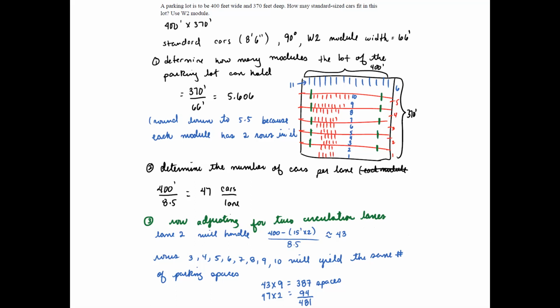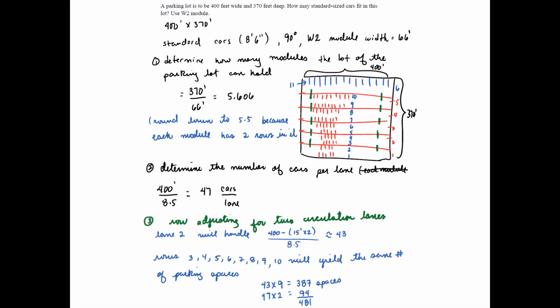What that means in my case is that I can fit 5 modules easily in this area, and I can also fit half a module as part of my design. So I round down to 5.5 modules. We know that each module has 2 rows, so for that half a module, I'm going to have only 1 row.